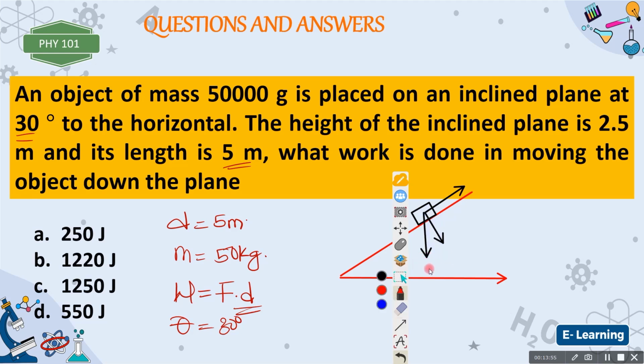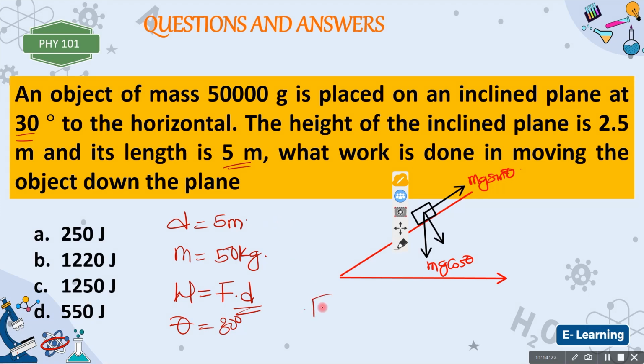We say this one is mg cos theta, while this one here is mg sin theta. This one is also the one that will be required to drag it down or to move it down. Is that okay?